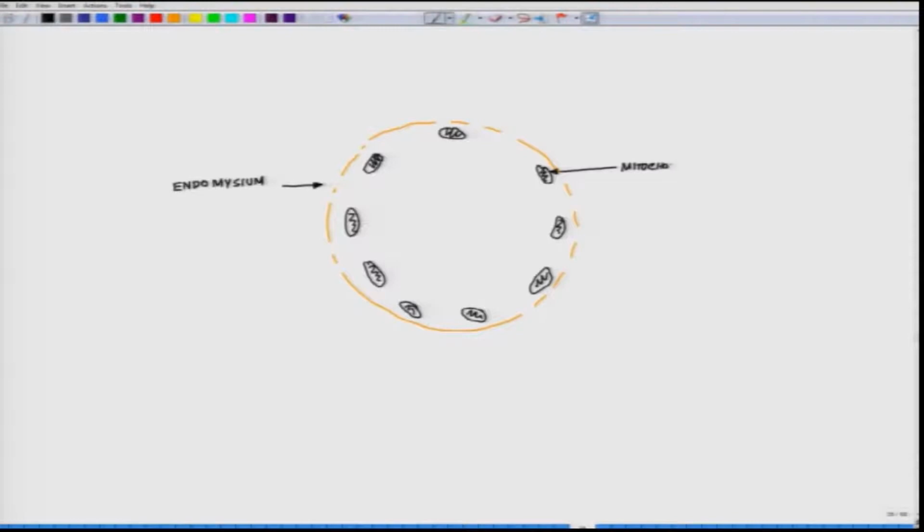Mitochondria, and the density of mitochondria is very high because they need to generate a lot of energy, and then there is an inner lining out here which is called the sarcolemma. This inner lining is called the sarcolemma.